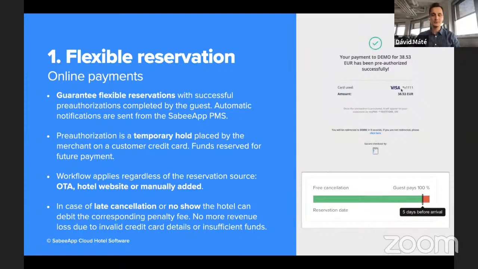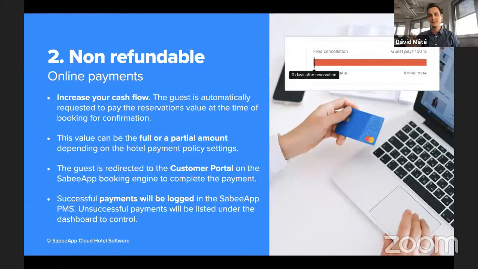And with this process, we can also avoid running into insufficient funds, because it's one thing that we know that the credit card is working, but we don't know what funds are available on it. So this was the flexible reservation type.